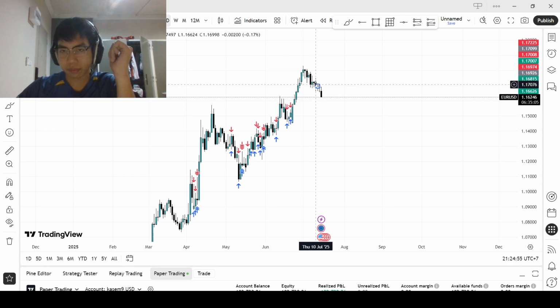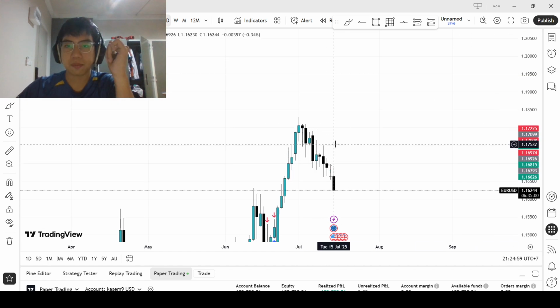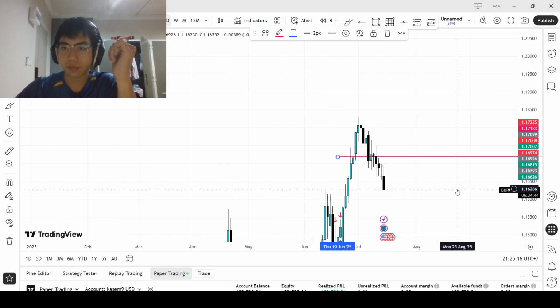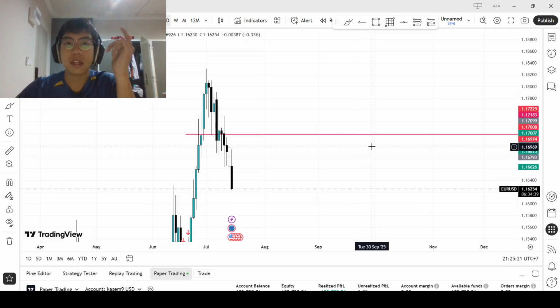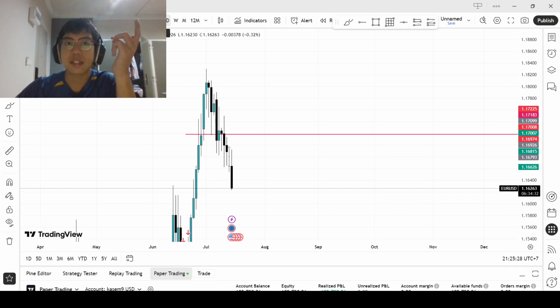However, yesterday we had a break of structure. I'm gonna mark it out. We had a break of structure there, so that just made our whole bias bearish. So keep in mind, we have a market that's showing bears in the daily, so it wants to go to the downside.